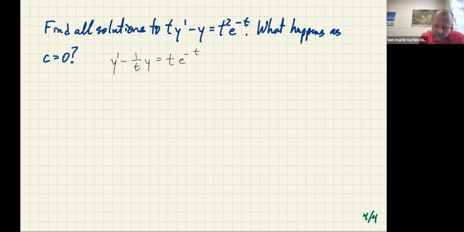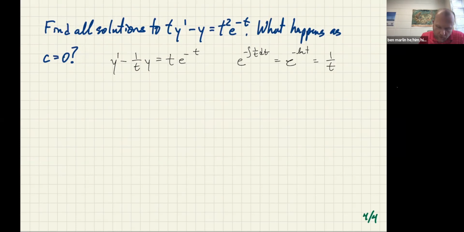And so then the thing that you have to look at here is we'll have e to the integral of minus 1 over t dt. So that's e to the minus log t, which is going to end up being 1 over t. Okay, I skipped a little bit there.